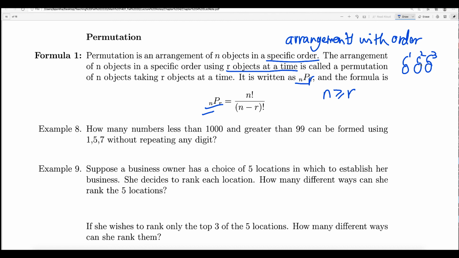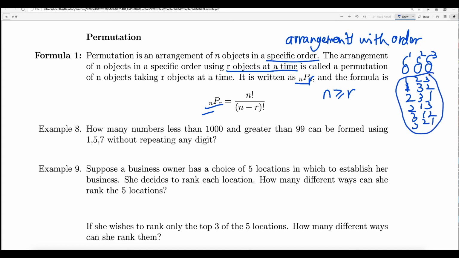If you want to arrange these balls, what are the ways? 1, 2, 3 is one arrangement, and then you can bring ball 2 to the beginning. You can do 1, then ball 3 second and 2 third, so 1, 3, 2 is another arrangement. And then 2, 3, 1, 2, 1, 3, and 3, 1, 2, 3, 2, 1. These are the different arrangements.